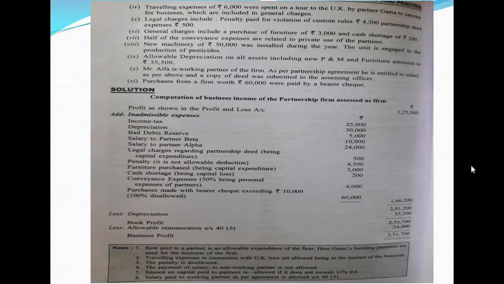Then if you look at the last adjustment, it says that purchases from a firm of rupees 60,000 were paid by bearer cheque. So any expenses above rupees 10,000 which are paid in cash or by a bearer cheque will be disallowed. Let us look at the solution.